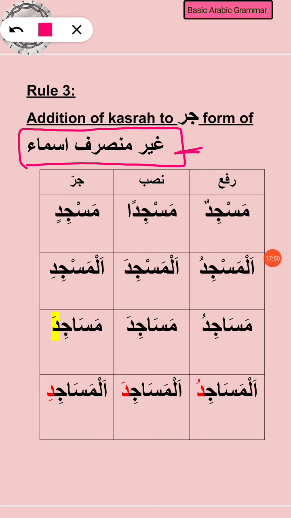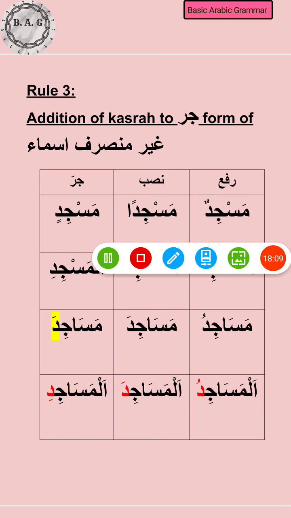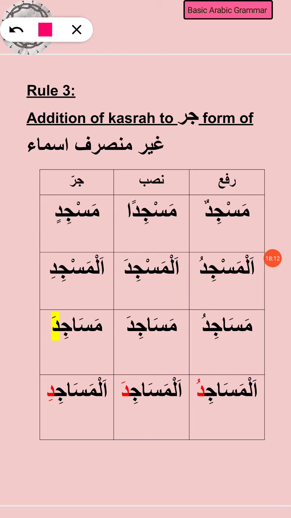First of all, we have ism nakra, singular, masjidun, a place of prostration, of sajda. So masjidun, then masjidan, masjidin. All of these words mean a mosque. Then if we convert it to ism marfa by adding lam, we'll have al masjidu, the mosque, al masjida, the mosque, al masjidi, the mosque. We know it so far.